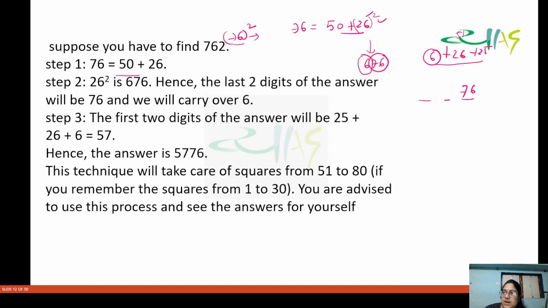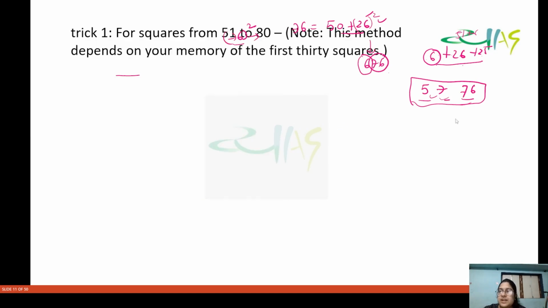Definitely it is 51, plus 6 it will be 57. So finally the square of 76 comes to be 5776. This is particularly for squares between 51 to 80.